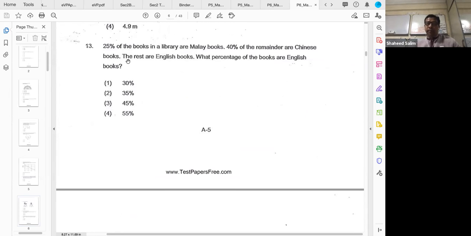Percentage. It's Malay books. Nowadays, Malay books are so difficult to find. Why? Because the Malays are not reading Malay books. We do a survey now. Do you read Malay books outside school? At home, do you have Malay books, story books and all, to read?